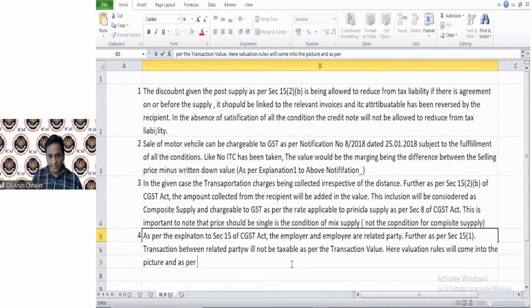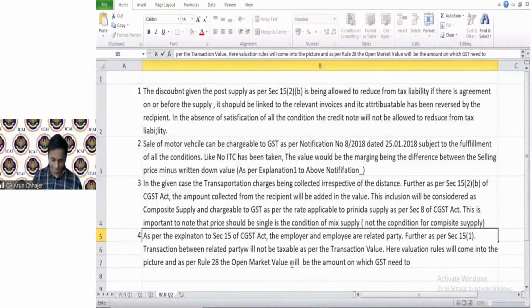and as per rule 28, the open market value will be the amount on which GST need to be levied.